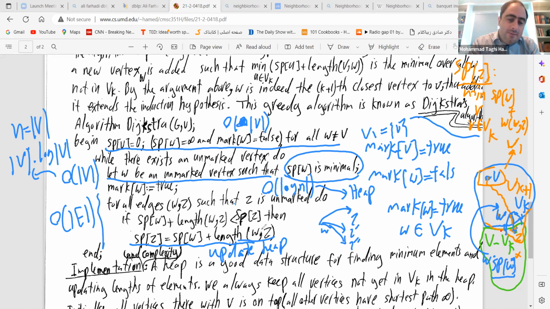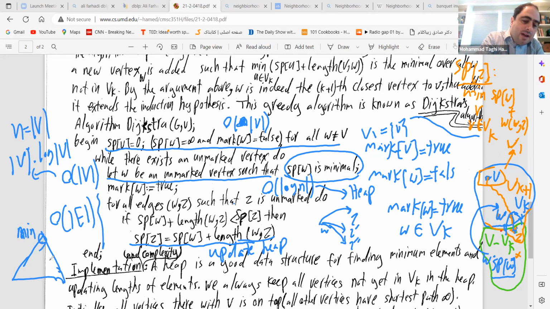When we change SP of Z, SP of Z can only go down. And this is the min heap. In a min heap, we knew that the min is at the top.